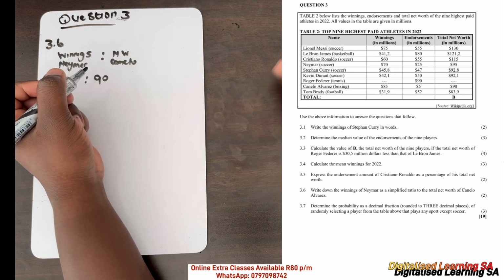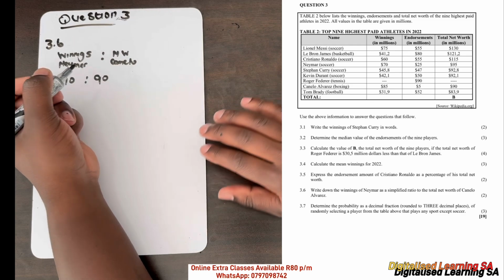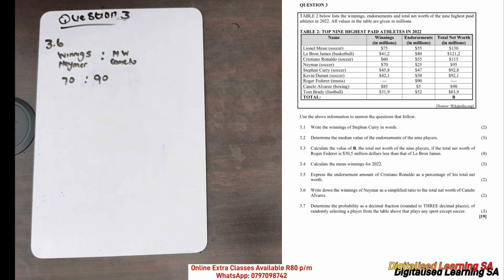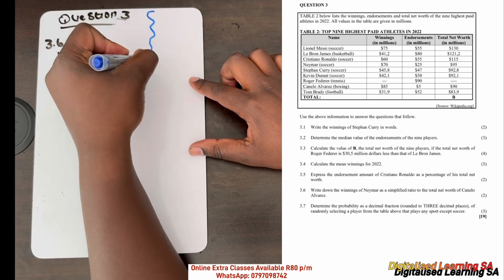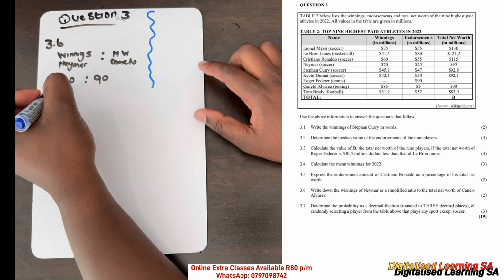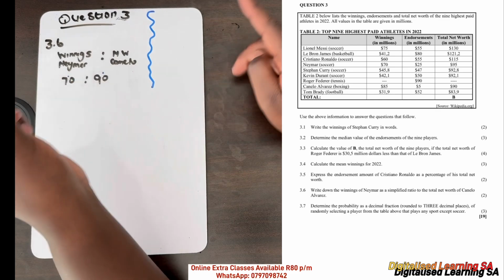We are told to write it as a simplified ratio, meaning that we need to find the common factors of both 70 and 90.